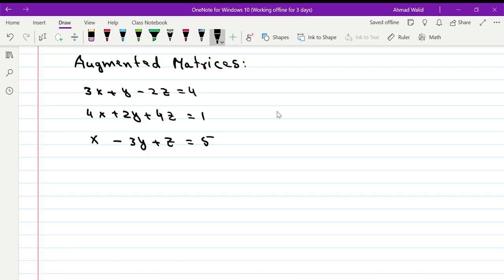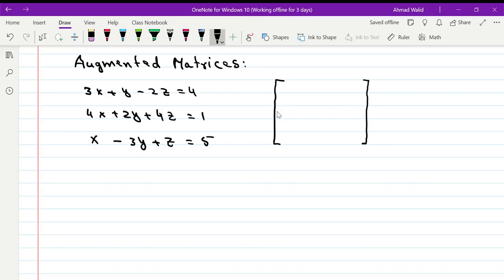I can write the system of linear equations as a matrix for you, correct? But there are two types of matrix. Number one, I'll draw a matrix. If I just place the coefficients of the variables in my matrix, I will call this matrix the coefficient matrix.